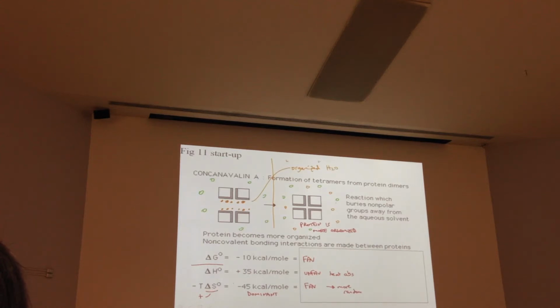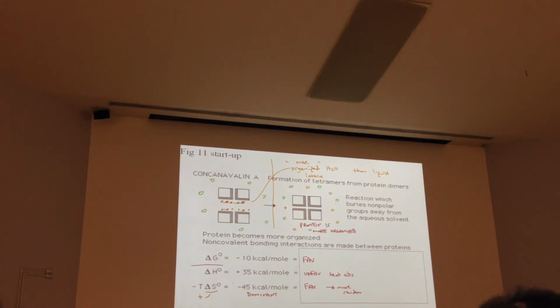More organized than liquid. And the more organized form of water than liquid is ice, or something that's more crystalline, more like what we call a lattice, L-A-T-T-I-C-E. So that means there's extra hydrogen bonds between those waters than there are in liquid water.